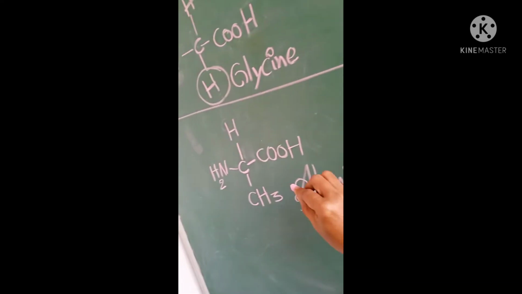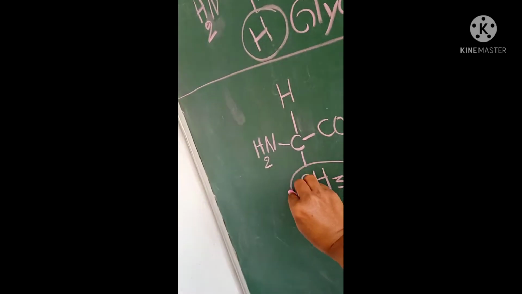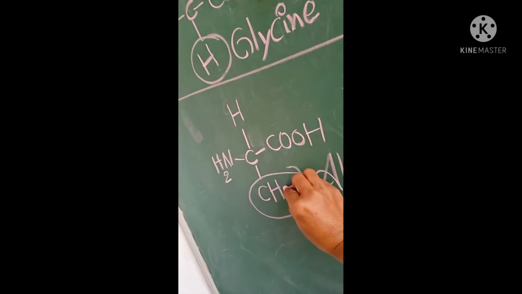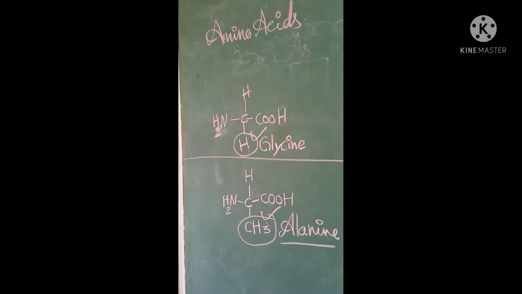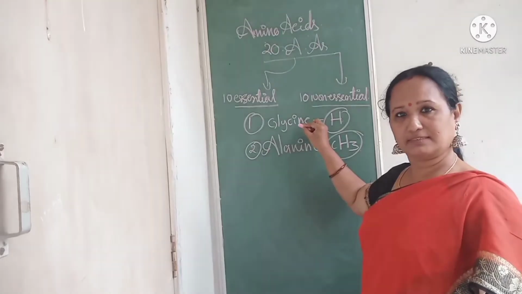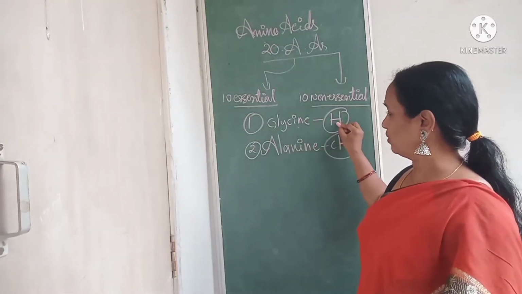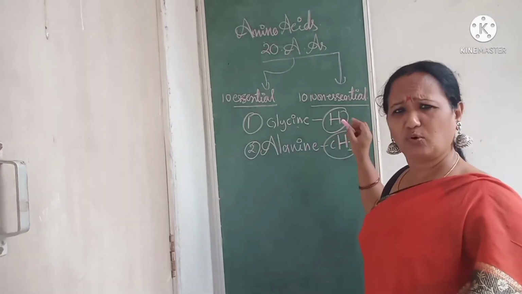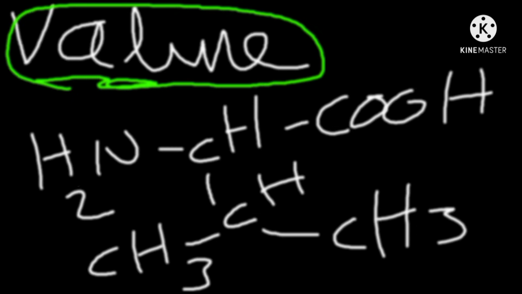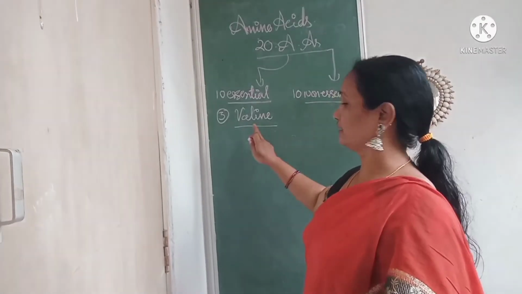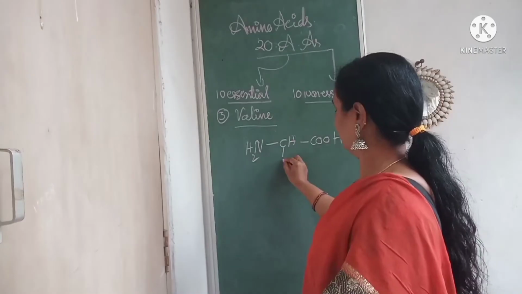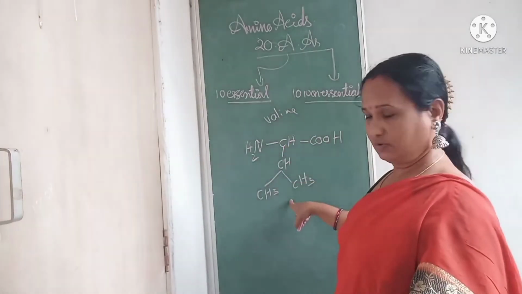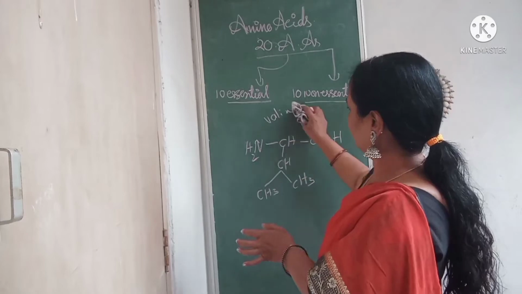That is the difference between alanine and glycine: H and CH3. That's it. When we observe valine, CH is attached to the alpha carbon, and CH3 groups are on either side.